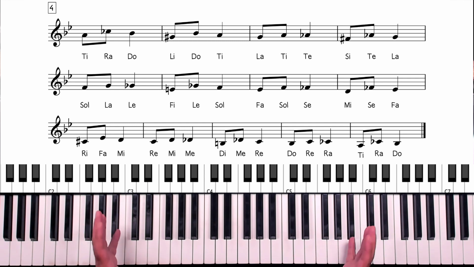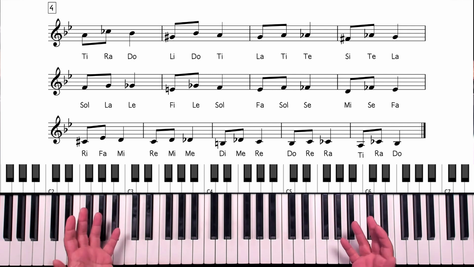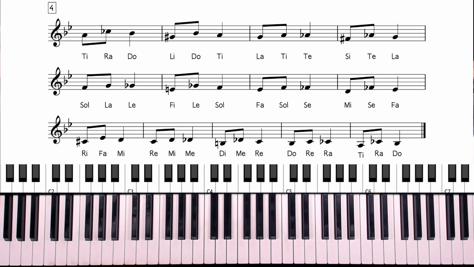Okay, good. So remember, I want to get in depth because there is a bit of confusion between using pattern-based movable Do and key center movable Do, and why. The question should always be, why am I doing this?